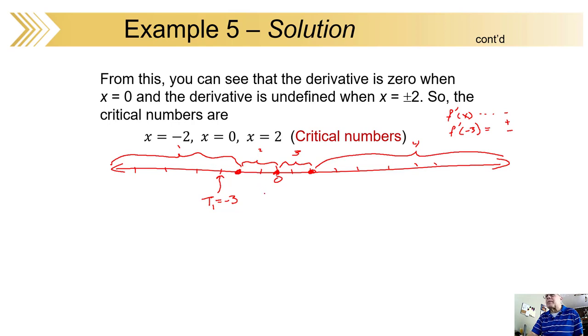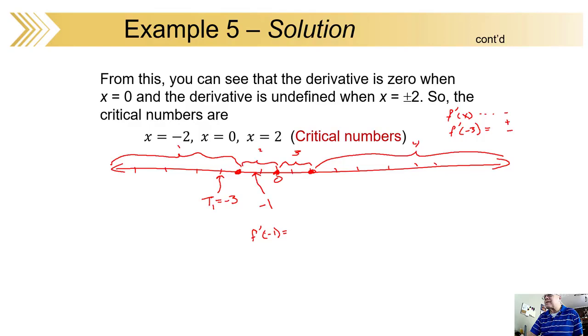Next, pick a point in this second interval. An easy point here would be to pick the negative 1. Take that negative 1, put that one in the derivative. See if you get something that's positive or negative.